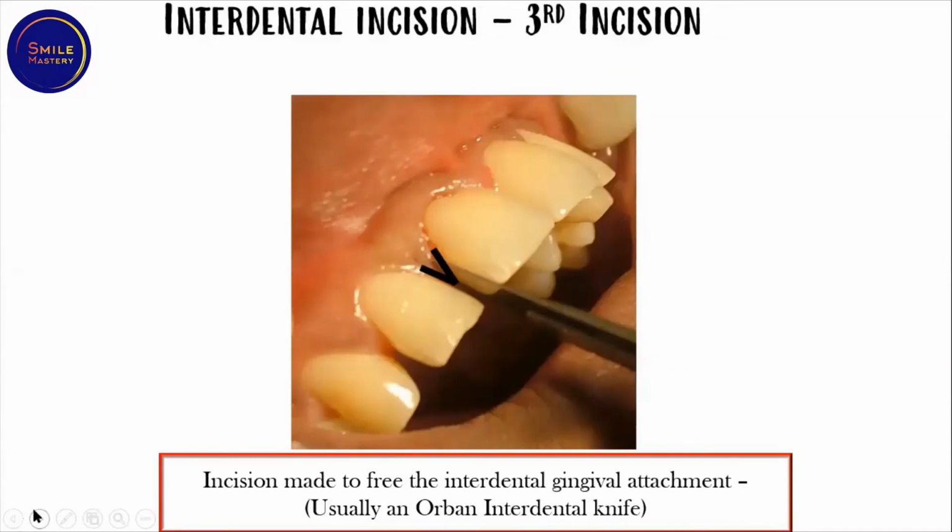This incision is given in the interdental area to free the interdental gingival attachment. Theoretically, we say that we need to use an Orban's interdental knife. However, in your clinical practice, you can just continue with your blade because it gives a fine, nice incision, and it will help to split the papilla into a buccal half and a lingual or palatal half.